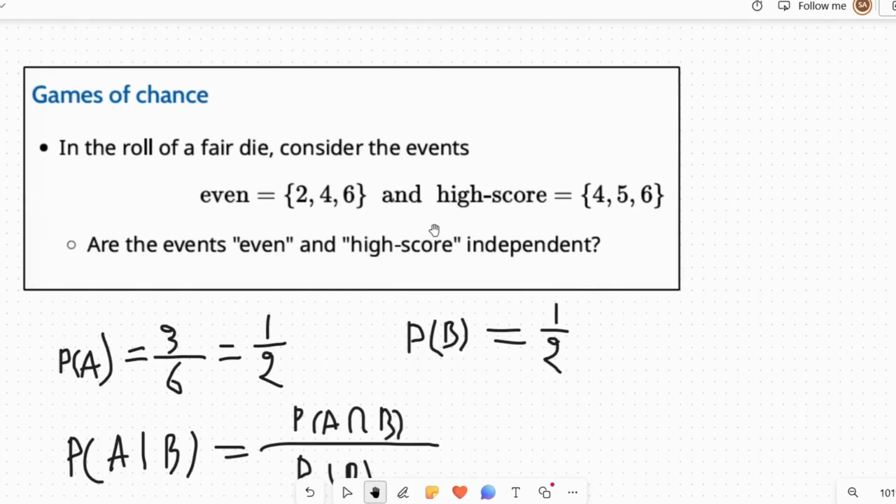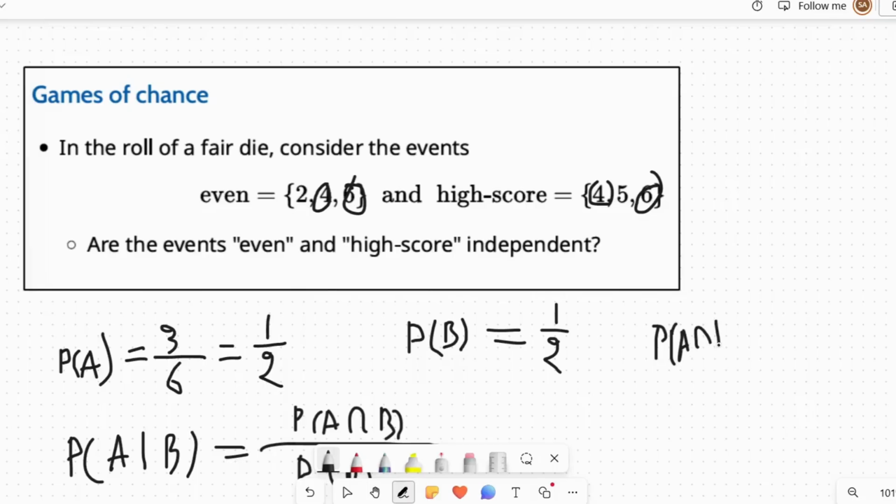How many elements are equal? Here is a 4 and 6, so 2 elements. So the probability of A intersection B equals 2 by 6, which means 1 by 3.